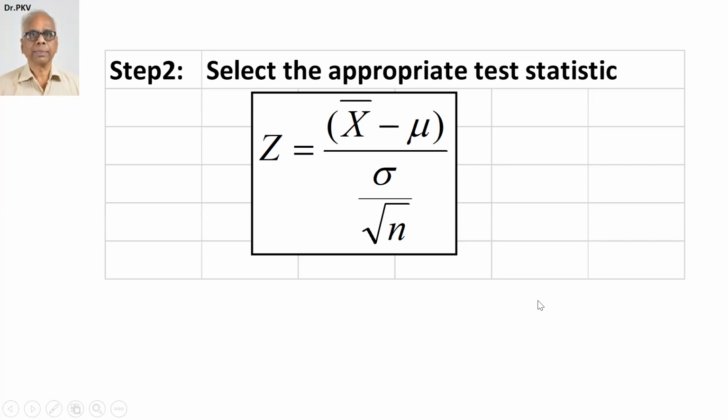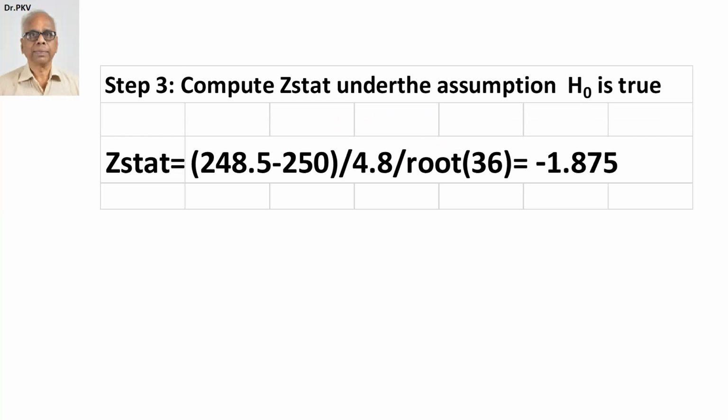So we compute the Z stat, which is the third step: 248.5 minus 250 divided by 4.8 upon root of 36. In other words, 248.5 is X bar, 250 is the population mean mu, 4.8 is the standard deviation sigma, and n is 36. We simply substitute and compute the value. It happens to be minus 1.875.